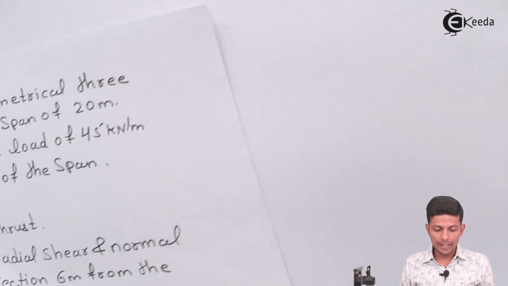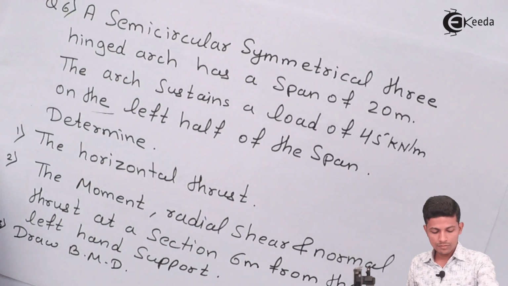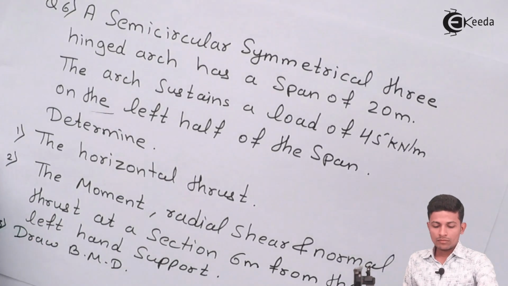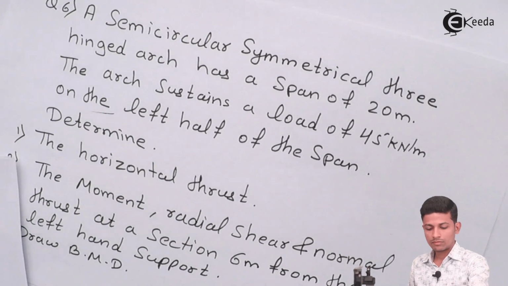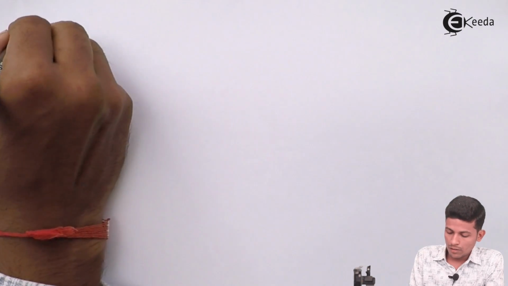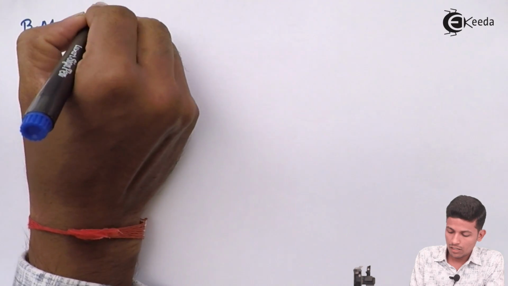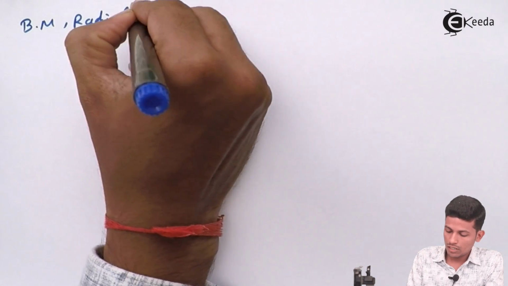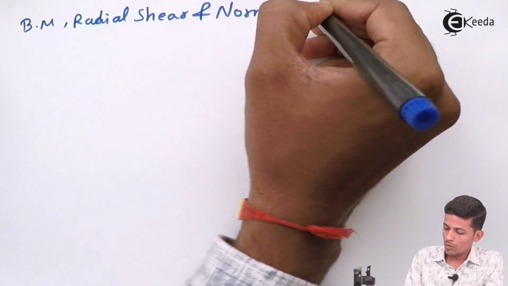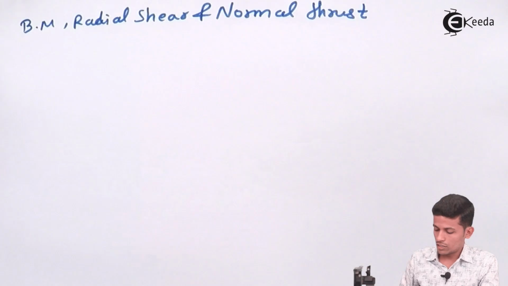Now you have to find the bending moment, radial shear and normal thrust.